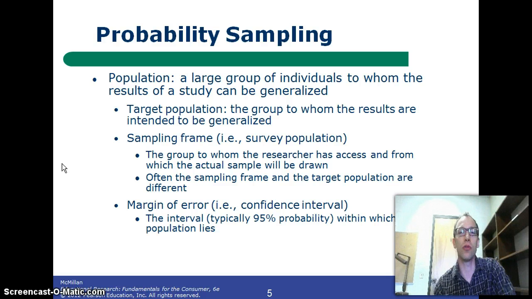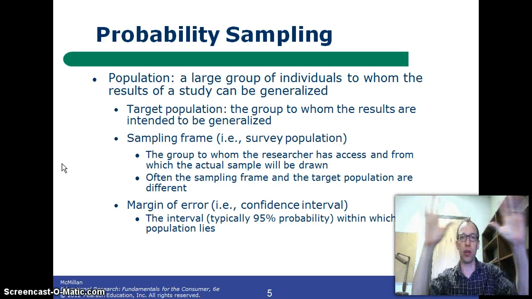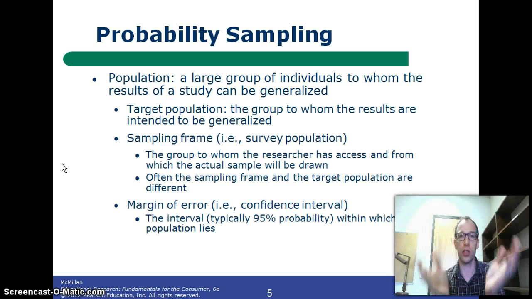So population is the group we're interested in, but we can't always get at it exactly, so there's what's called the accessible population, the ones that we actually could potentially have access to, and then our sample is even smaller. So you have your total population, your accessible population, and then your sample is the group that you actually work with. Population can be a little hard to get a hang on at first.